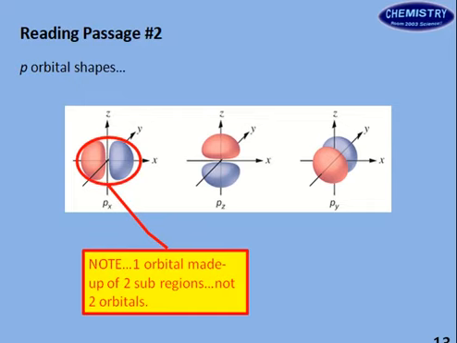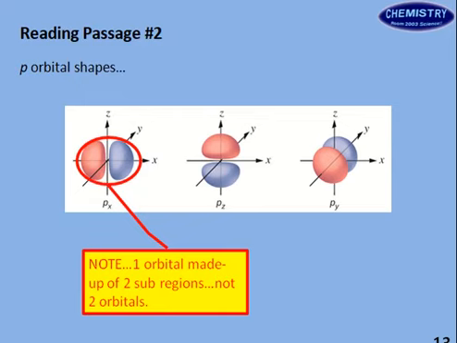And I want to point out that as you look at these orbital diagrams, these orbital shapes, please note that each individual 3-axis drawing represents one orbital. As we go, you'll see the orbitals pick up more and more shapes within the orbital, but one 3-axis drawing is an orbital, regardless of how many subregions it has.